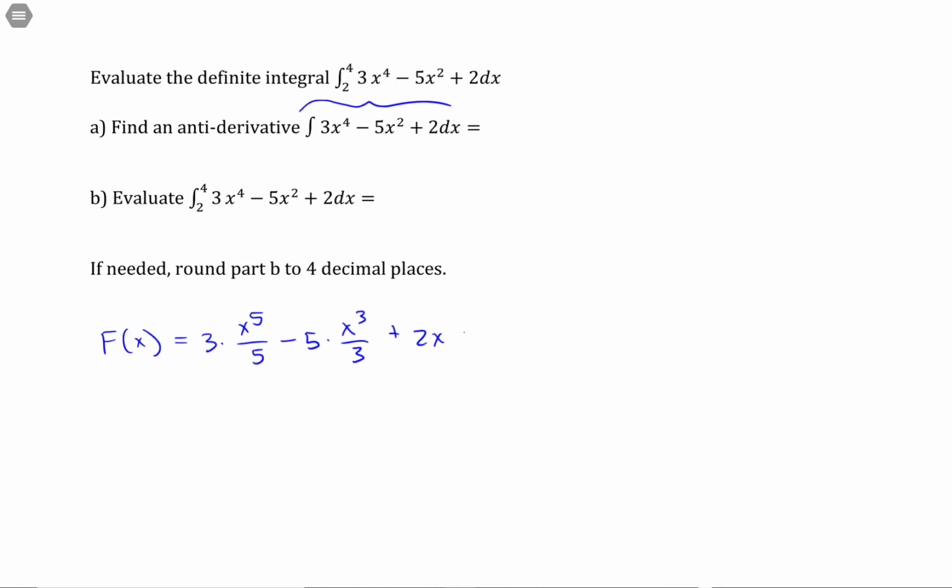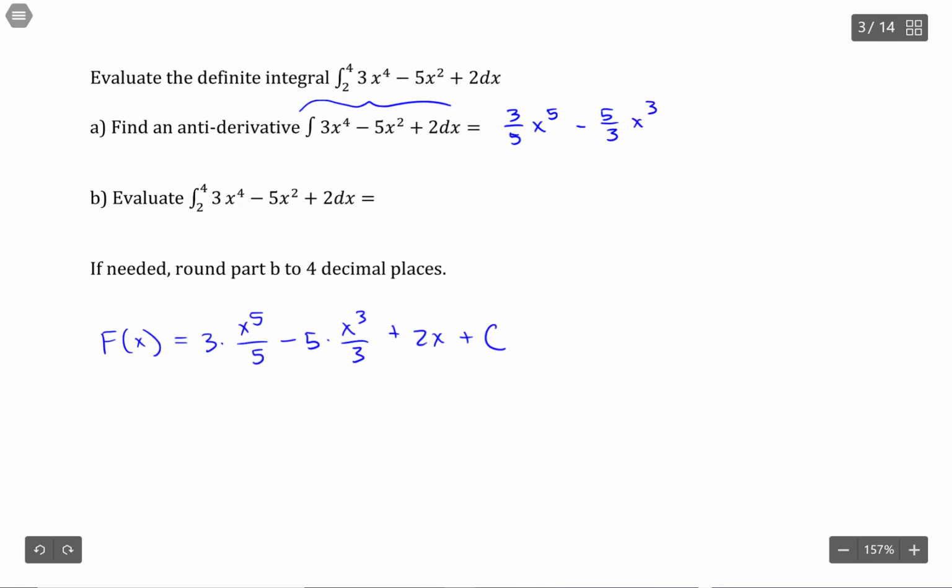And we should tack on a plus c since this is a general solution. So I'll just put in the simplified answer up here: 3/5 x to the fifth power minus 5/3 x cubed plus 2x plus c.